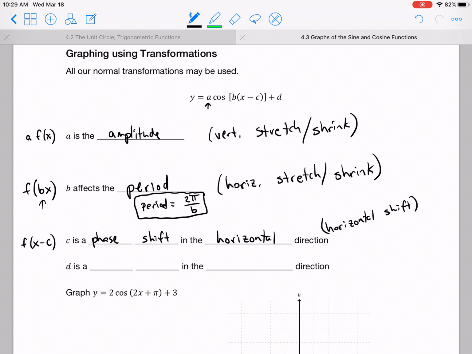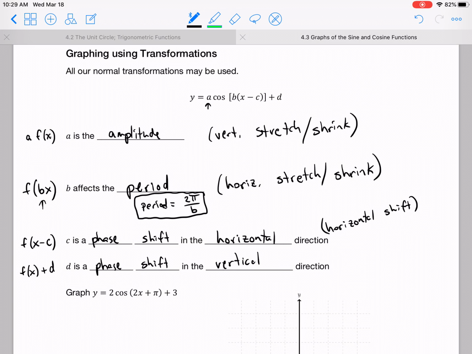We're just giving it a new name, calling it a phase shift. And then the last one, d, we can also call a phase shift, but it's a vertical one. It's a vertical shift, and this corresponds to f of x plus d. And that would move it up or down vertically from the x-axis.